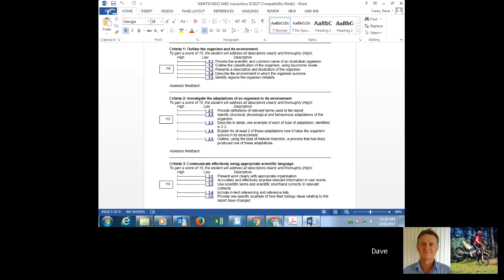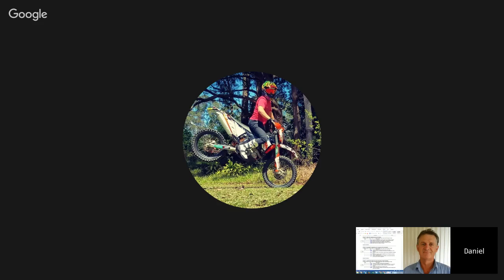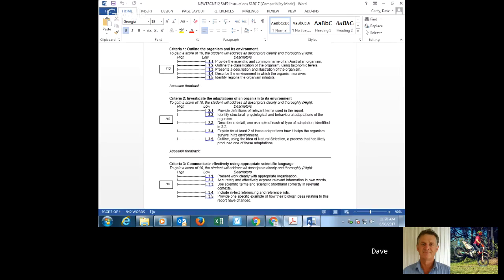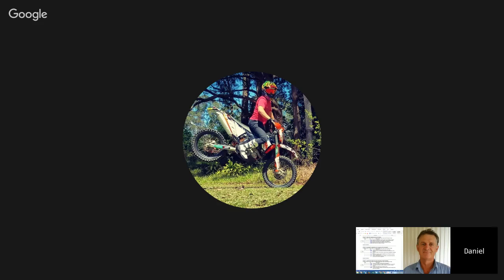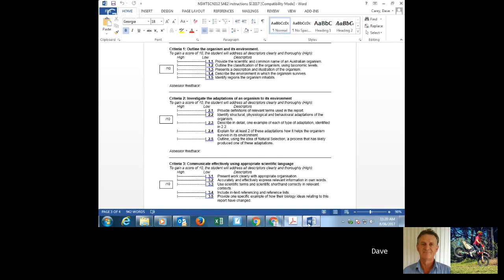So what type of adaptation is that? Is that a behavioural, structural, or physiological? Structural? No. We're talking about them staying inside the mound. The fact that they remain inside the mound, that's more of a behavioural. Oh, behavioural, yeah. Okay.